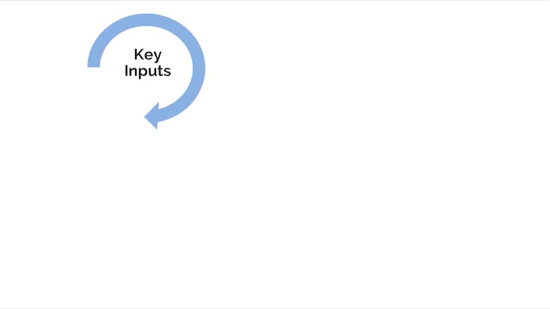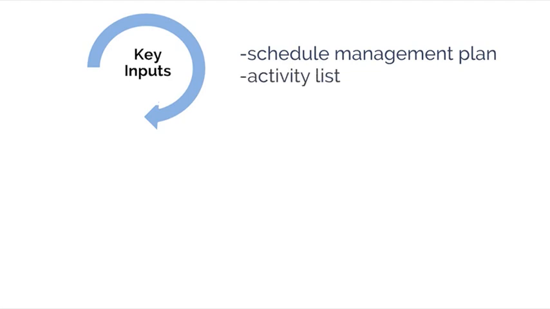Here, you can see that the key inputs in this process are actually the outputs from the preceding process. Schedule Management Plan. Again, it identifies the scheduling method and tool to be used for the project, which will guide how the activities may be sequenced in this process. Activity List. The activity list from the prior process contains all schedule activities required on the project, which are to be sequenced.